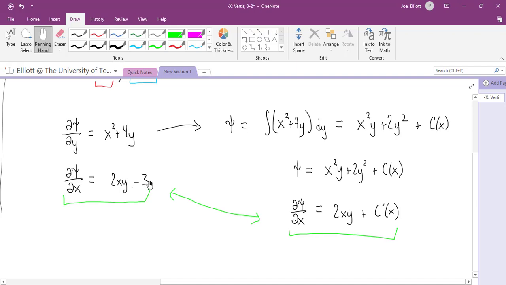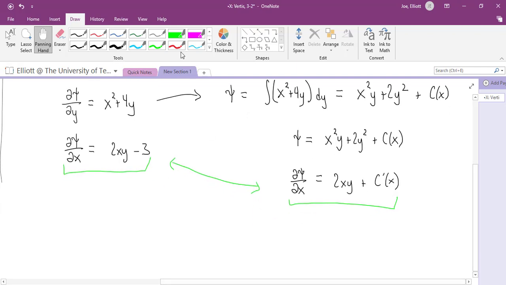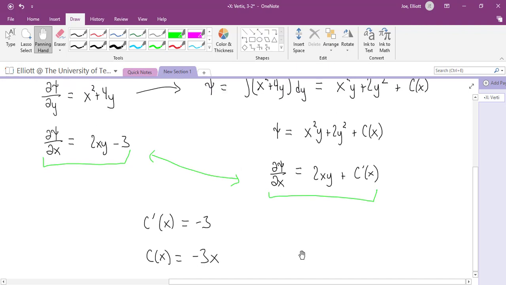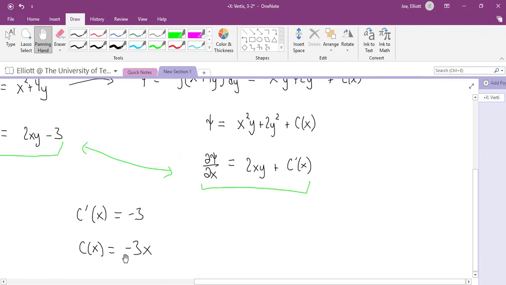And then we have minus 3 over here, and plus c prime of x over here. So c prime of x should be equal to negative 3. And so integrating with respect to x, that means c of x itself should be negative 3x. Now here you could also add a constant to this, but at this point we don't care about that extra constant. So it's good enough to just say that c of x is negative 3x.